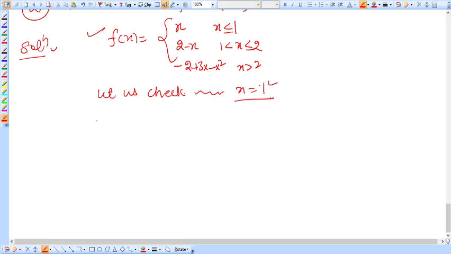For this we want to find out limit of f of x at 1, so we will have to find out left hand limit and right hand limit. So right hand limit at x is equal to 1 is equal to limit of x tending to 1 from positive side f of x is equal to limit x tending to 1.